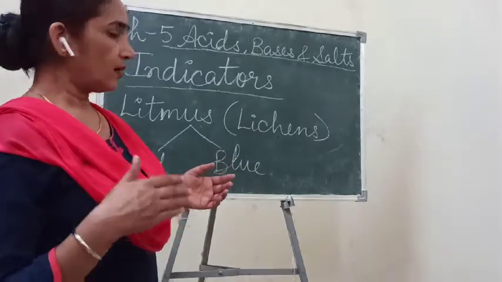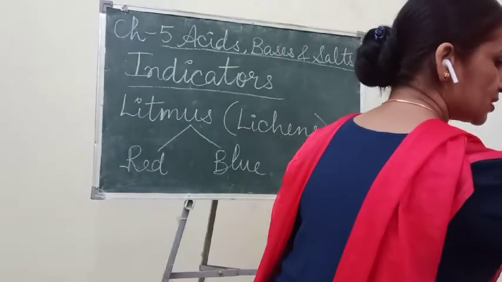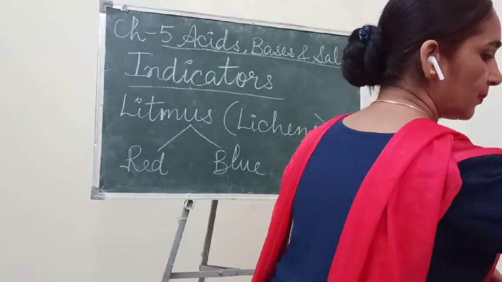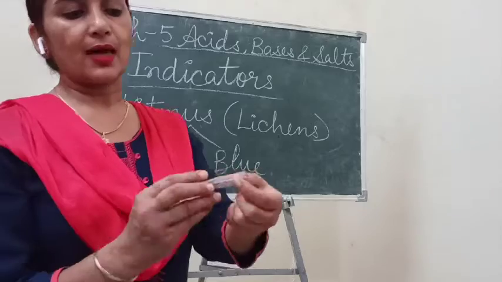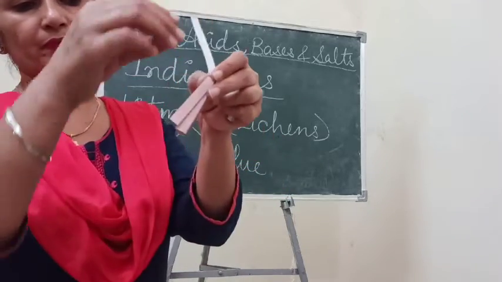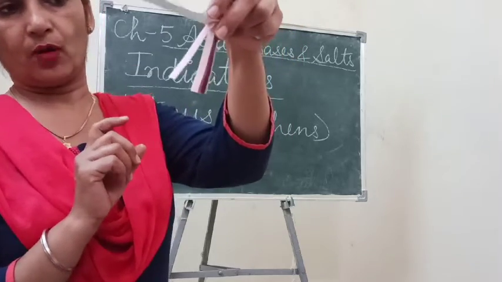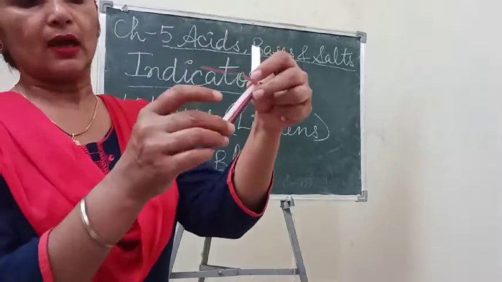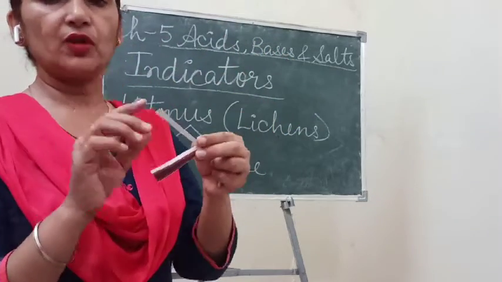So now let's detect the presence of acid and base with the help of litmus papers. First I want to show you that these are litmus papers and they come in this stripe form. Okay, so there are many litmus papers in this pack, but we use one.